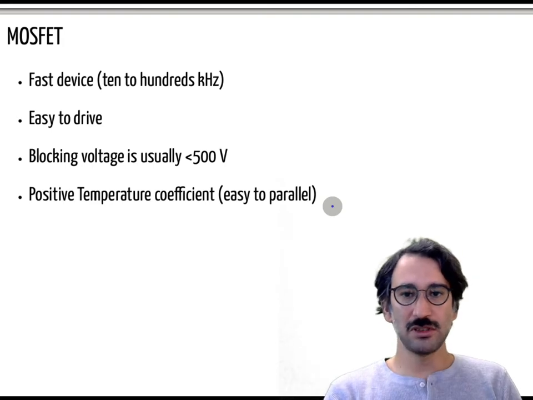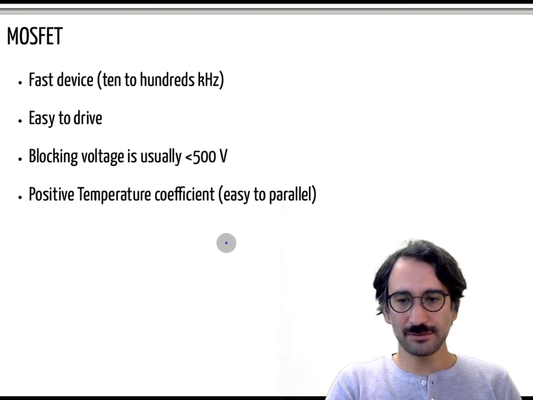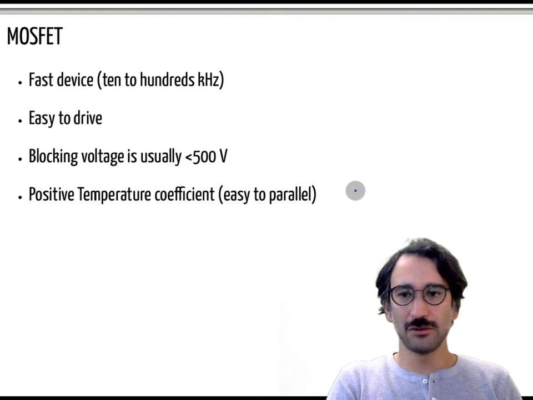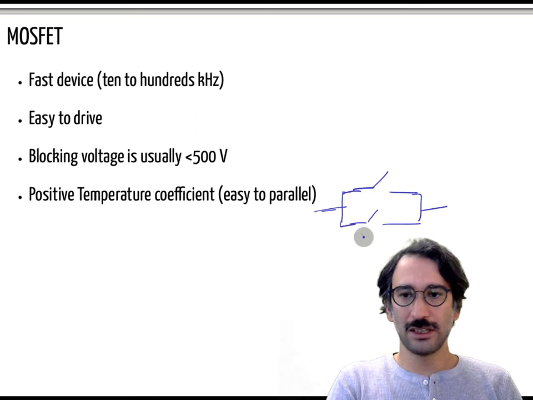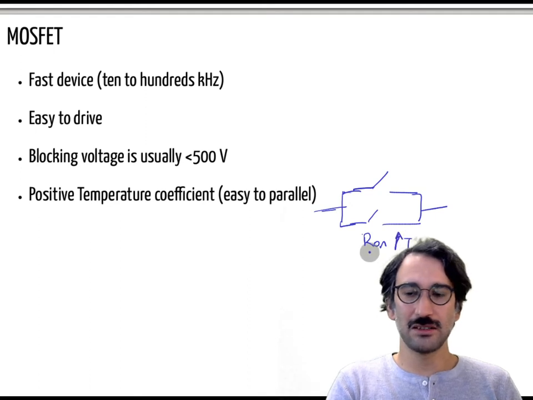And there's a positive temperature coefficient. Positive temperature coefficient means if you have two MOSFETs connected in parallel, the resistance increases with temperature.